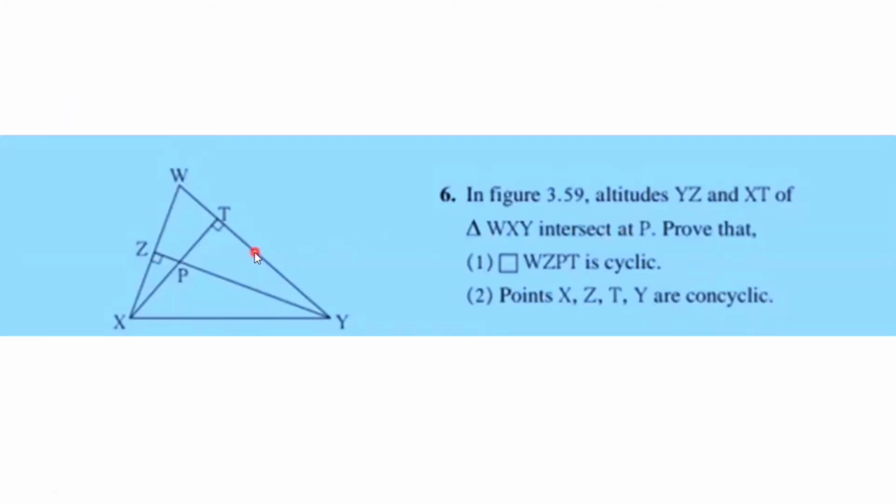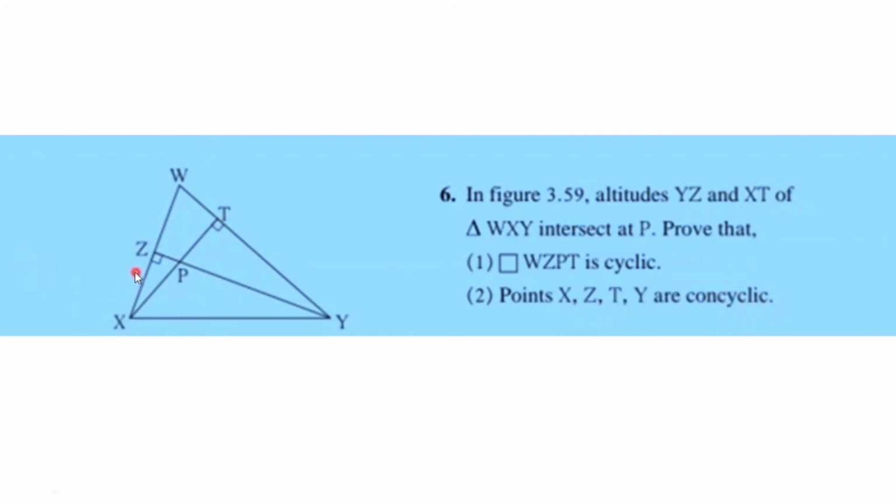The next problem is, for triangle WXY, altitude YZ and altitude XT intersect at point P, and from this we have to prove that quadrilateral WZPT is a cyclic quadrilateral, and points X, Z, T, Y are concyclic.